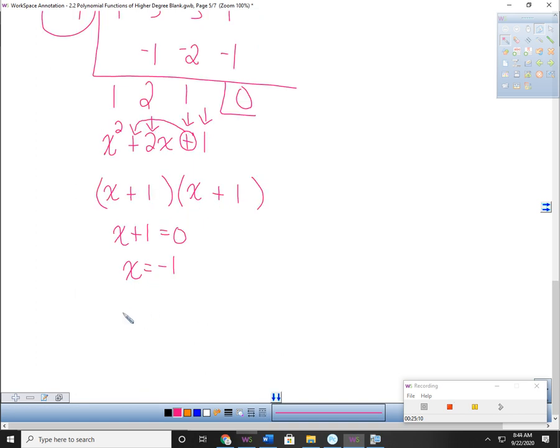That makes up my 5 zeros. So when I list the 1, I would say multiplicity of 2. And then I have 3 of the negative ones. So negative 1 multiplicity of 3, which gives me 5 of them, right?